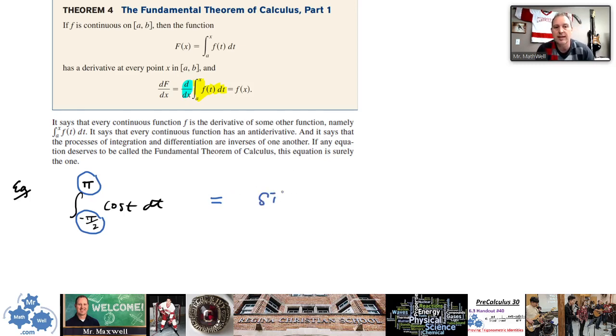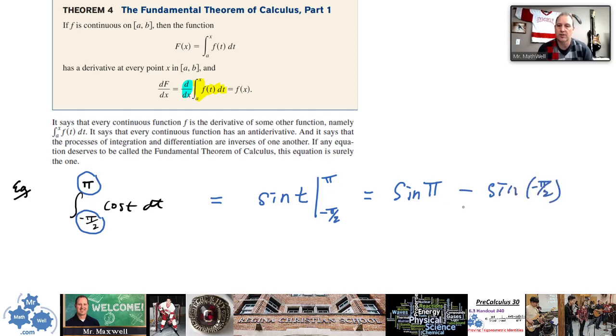So we've got sine of t evaluated from negative pi over 2 to pi. That would look like sine of pi minus sine of negative pi over 2, the limits of integration. And we could simplify that and get an answer.